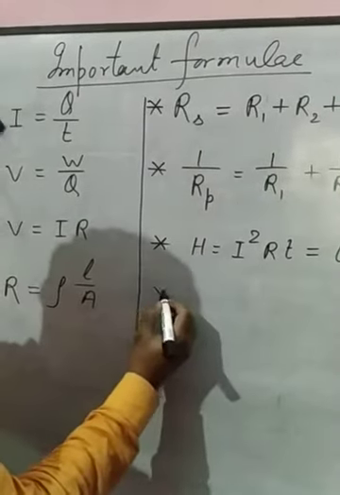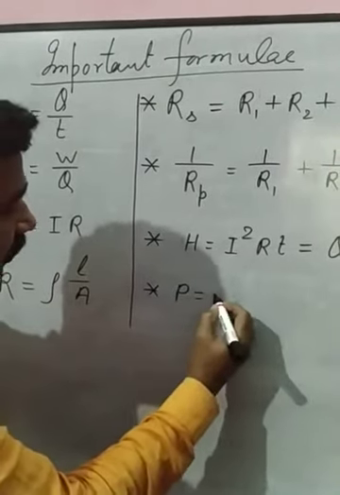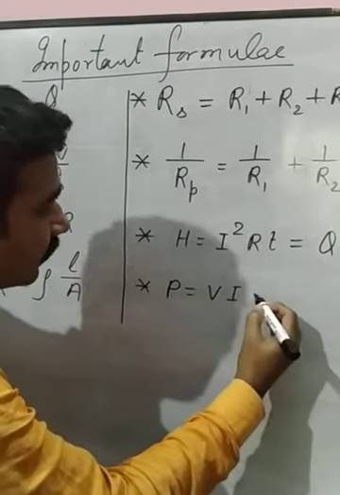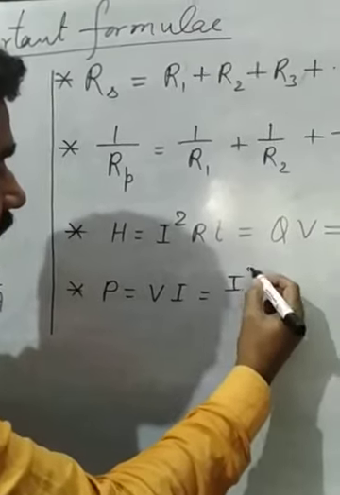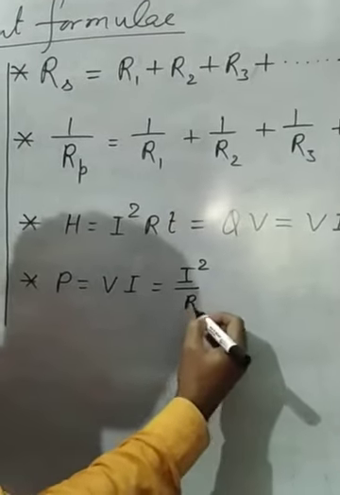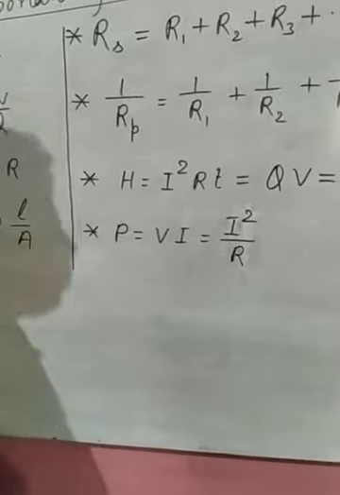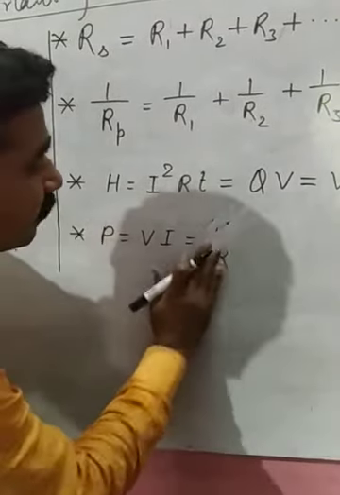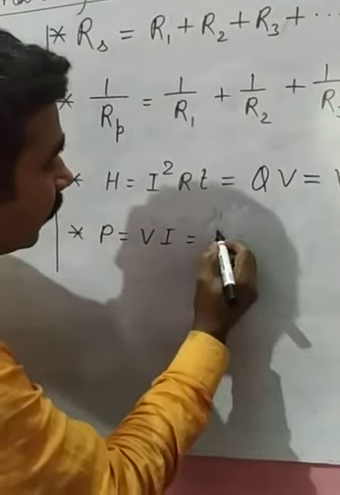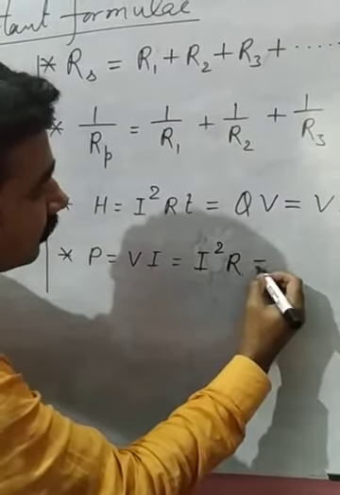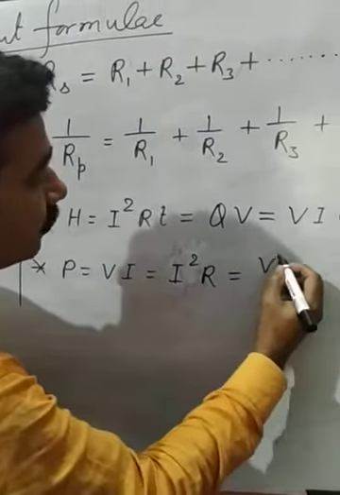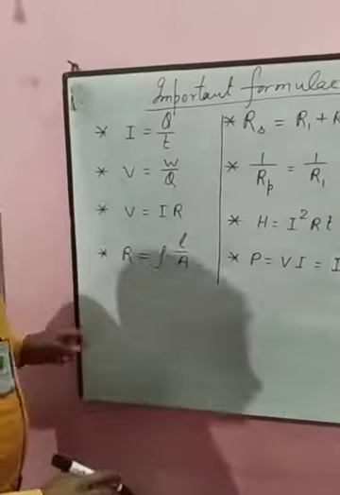Eighth formula is P is equal to VI, is equal to I square R, is equal to V square by R.